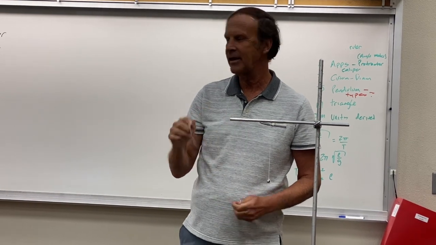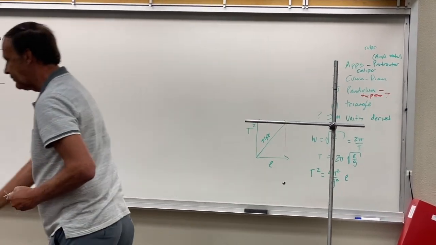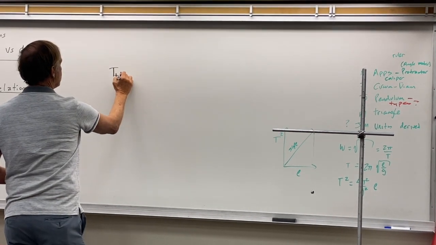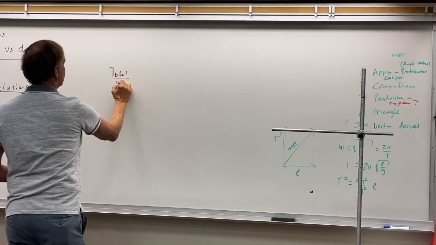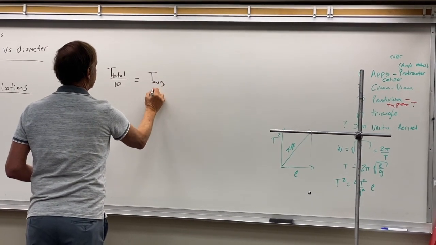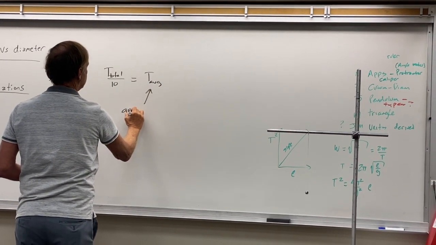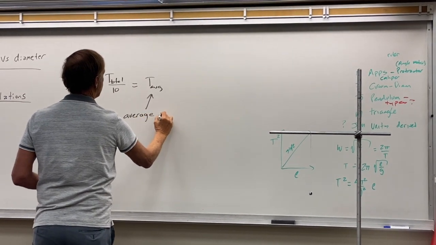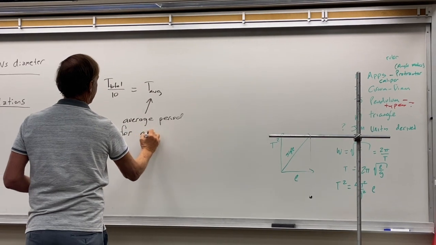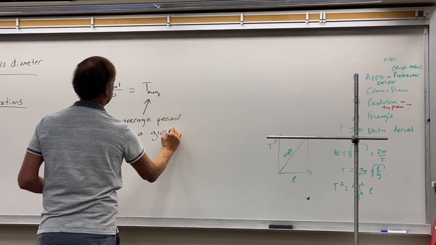And then take that result for the period and divide it by 10. Okay, so T total divided by 10 would equal T average. So that would be your average period for a given length L.